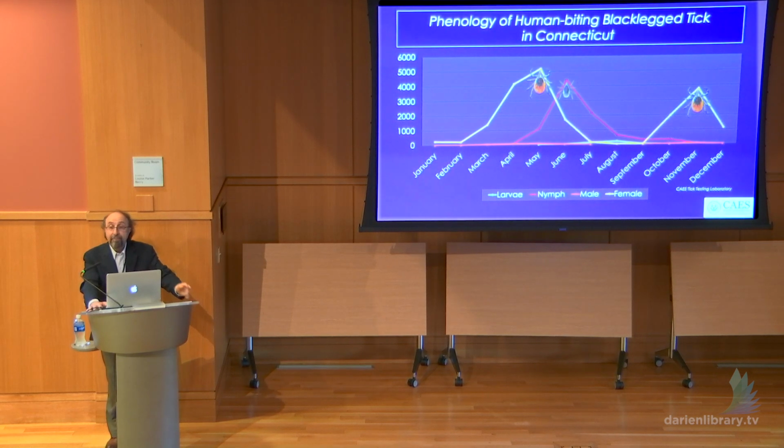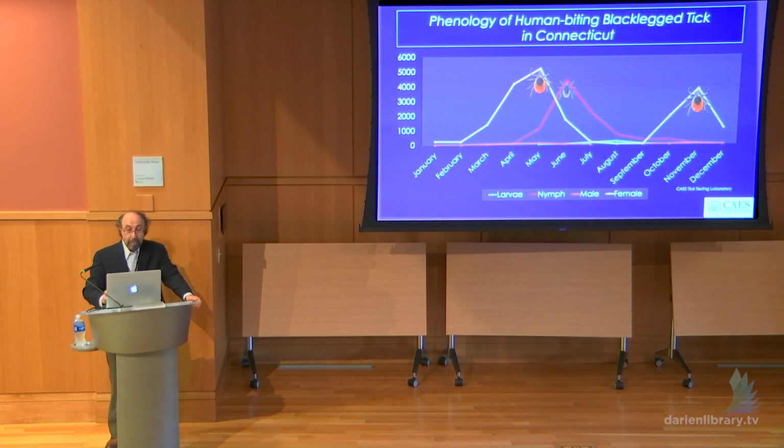Adult ticks have two peaks of activity. One of those peaks, as you can see, occurs in the months of April and May. Right now we are in the midst of peak activity. And then during the months of August and September, we hardly ever see questing ticks, or ticks that are actively looking for hosts to bite.